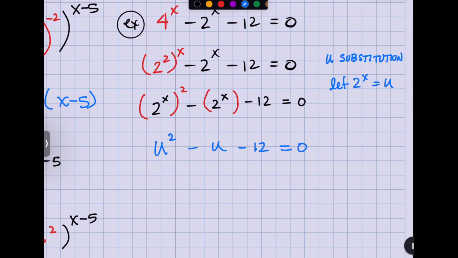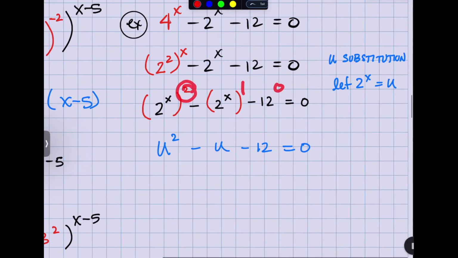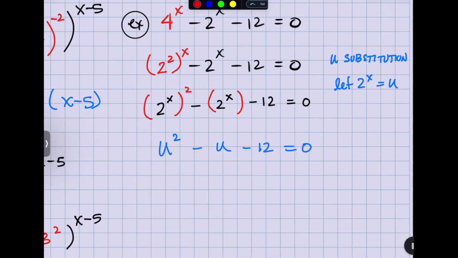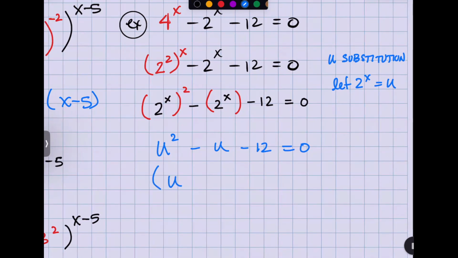Bingo. That's why when I saw square and then 1 power, 0 power, and then equal to 0, I already know it's a quadratic. But this makes it really look like a quadratic, right? Then from here I can go, oh, look, this is u minus 4, u plus 3 equals 0. Yes?